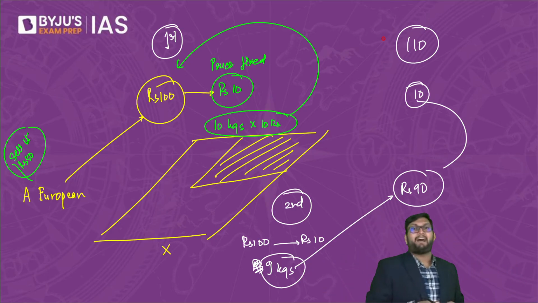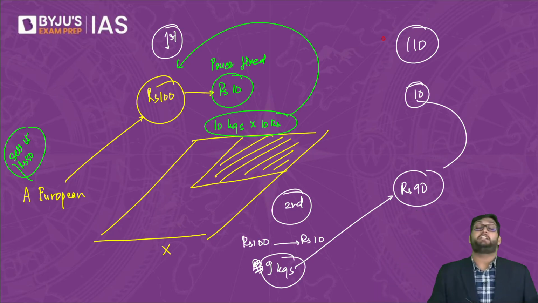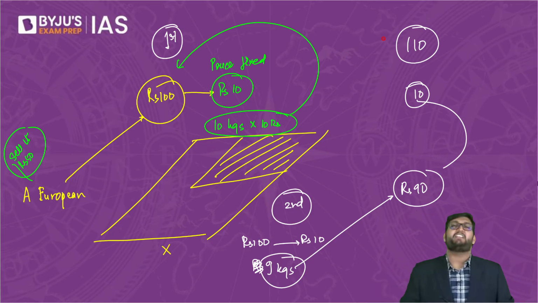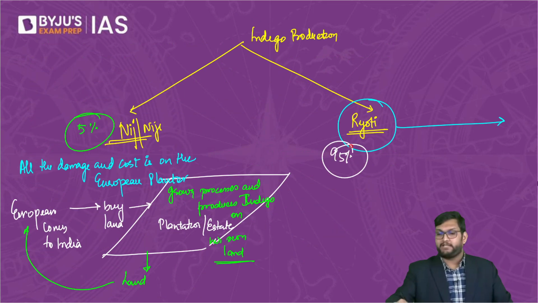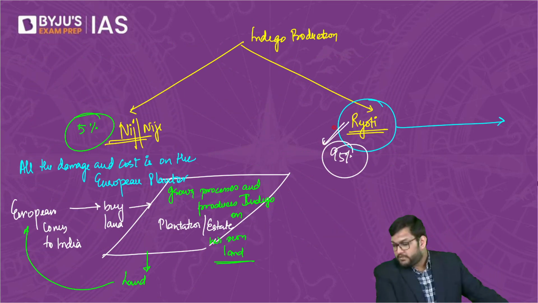And this is why Indigo led to what are called Indigo riots. It is considered the worst crop a peasant could produce. And that is why in this story, 95% of all indigo in India was produced in the Ryotwari system.